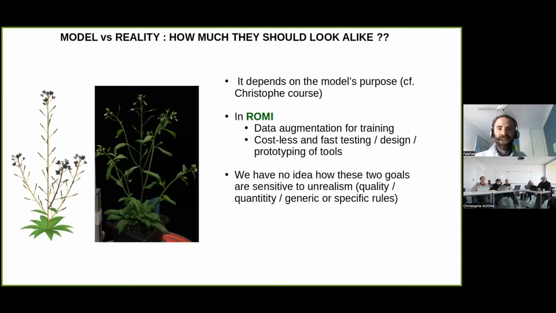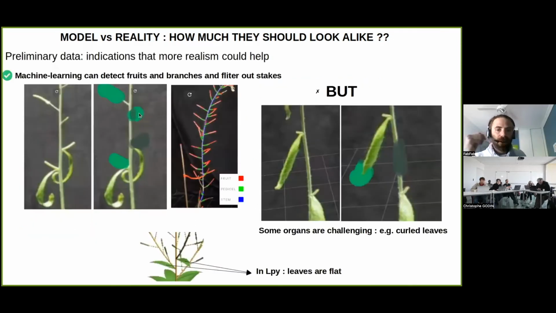And I think it would be a good outcome of the ROMI project if we can contribute to this question in the end, like how much realism impacts this kind of objectives. But if we don't have the answer, we have preliminary data suggesting that definitely more realism could help.